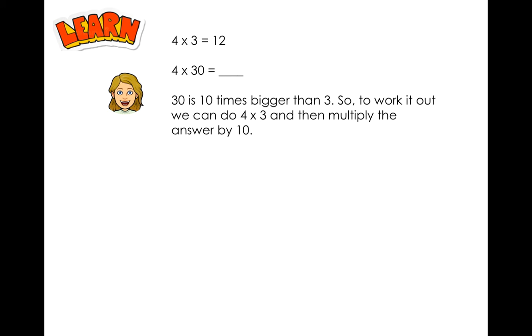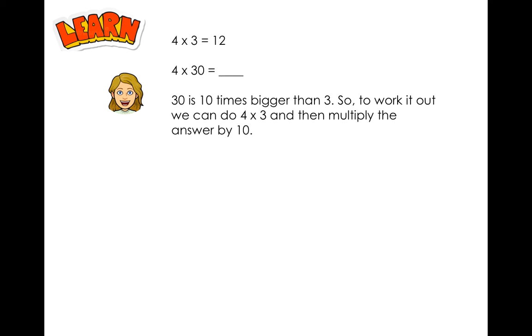Brilliant. Let's look at one more example. So I'm going to use the multiplication fact 4 times 3 equals 12 to work out 4 times 30. Now, I know that 30 is 10 times bigger than 3. So my answer to 4 times 30 is going to be 10 times bigger than the answer to 4 times 3, which is 12.